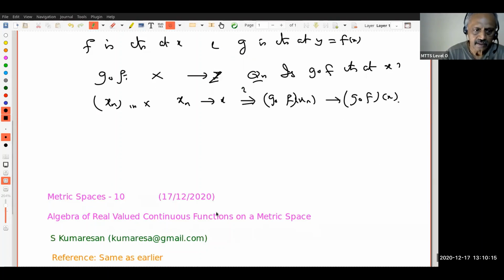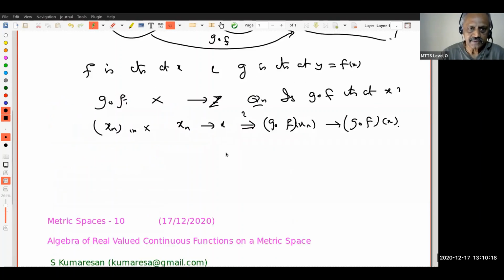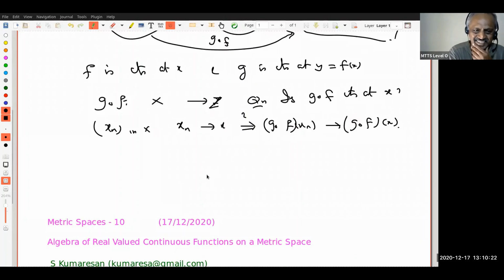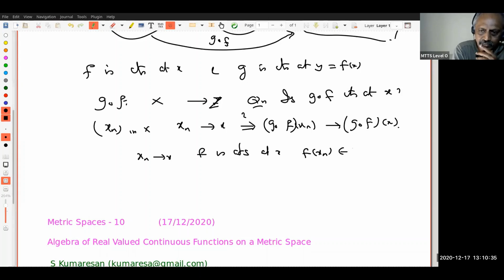Okay. Now, yeah, see, it is here. I was searching for it. That's my mistake, so we wasted time. Anyway, come back. This is very easy. Why? Now x_n converges to x and f is continuous at x. So f(x_n) belongs to Y, and f(x_n) converges to f(x), which is also in Y. Right?